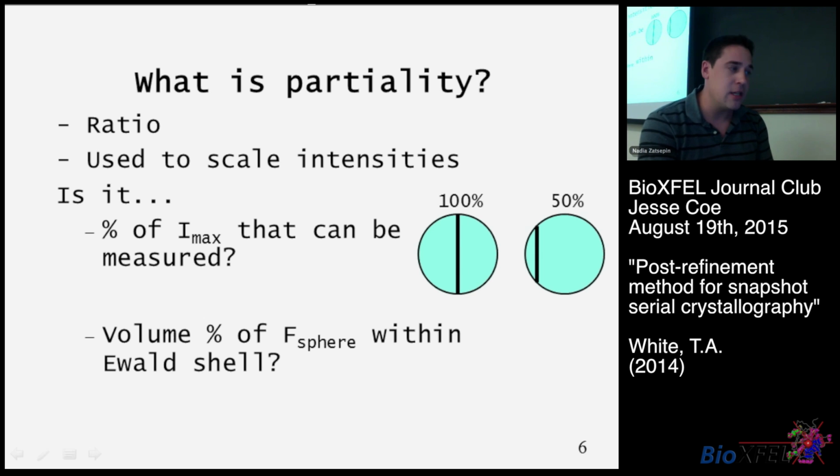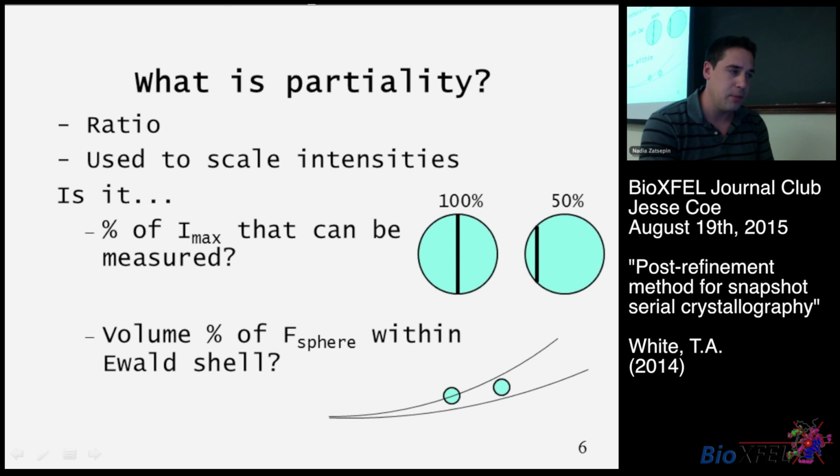Another way to think about it is this volume percentage of the sphere measured within the Ewald shell. If you'll remember, we don't have a perfectly monochromatic beam, so this means we've got a range of wavelengths that we are shooting at it. And this is exaggerated again, but you can imagine that this bandwidth is going to cause our Ewald spheres to have different curvatures.